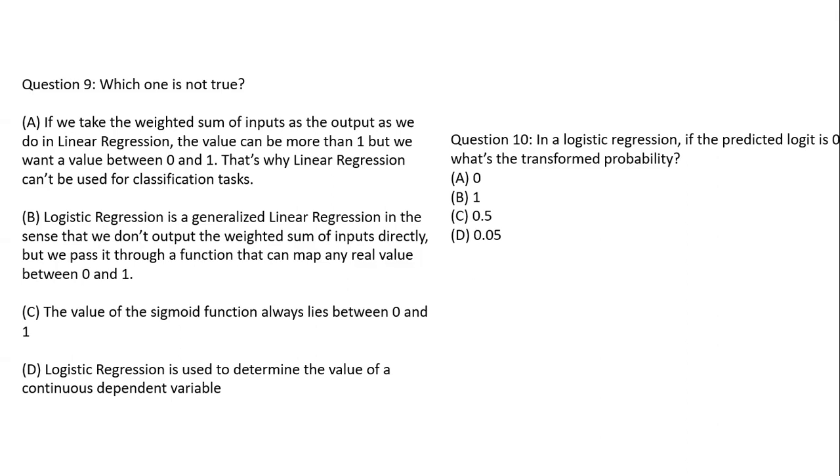We don't output the weighted sum of inputs directly, but we pass it through a function that can map any real value between 0 and 1. Acha. If we take the weighted sum of inputs as the output, as we do in linear regression, the value can be more than 1, but we want a value between 0 and 1. That is why linear regression can't be used for classification task. Sir, I think D is the right answer because it is saying continuous dependent variable.